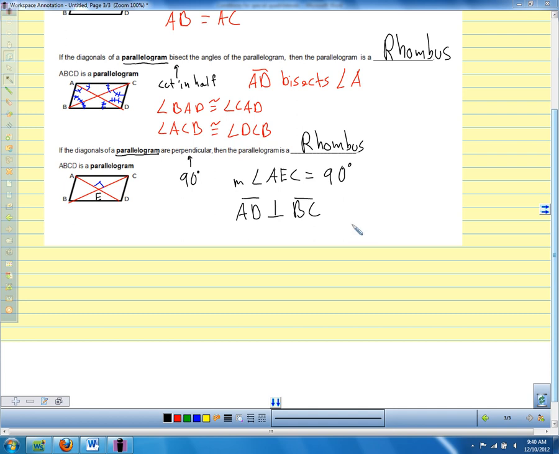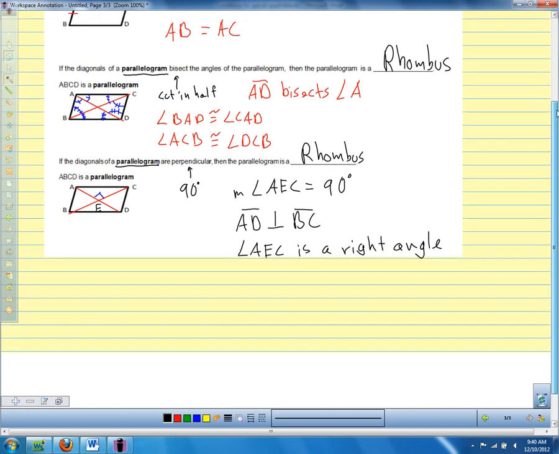Measure the angle is 90 degrees. I could say that angle AEC is a right angle. So all of those are ways of saying that the diagonals are perpendicular. And that guarantees us that our parallelogram is a rhombus.